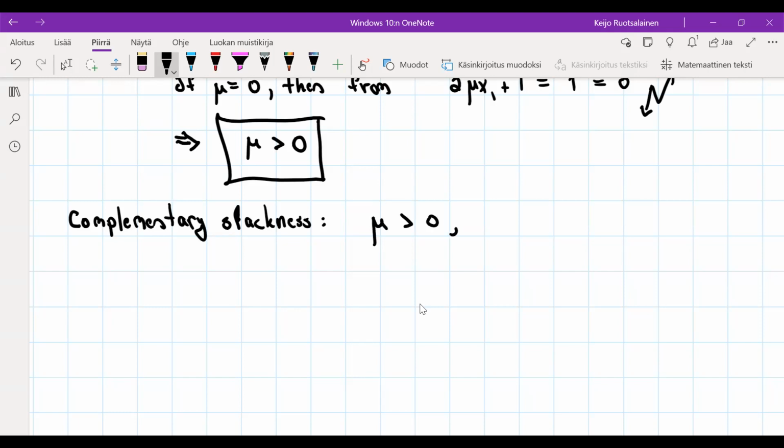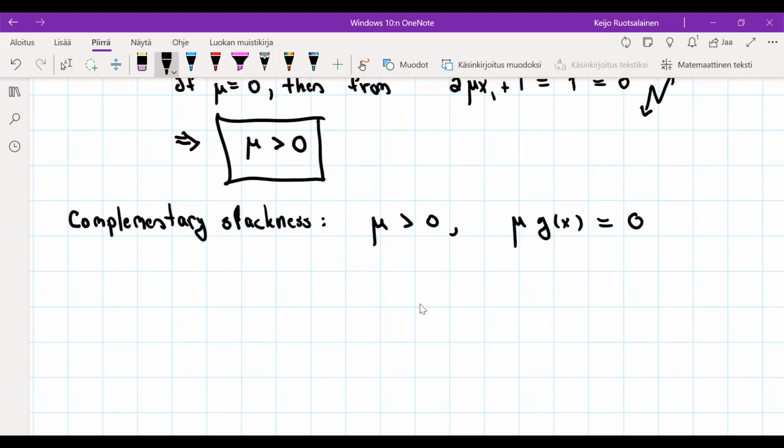And then in the Karush-Kuhn-Tucker conditions, we had that the product of mu and the constraint at the minimum point equals 0. So mu times g(x) equals 0.